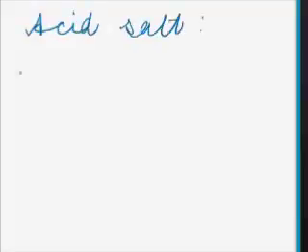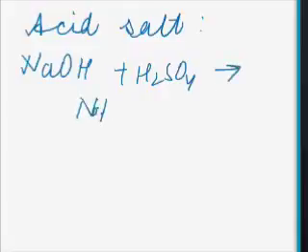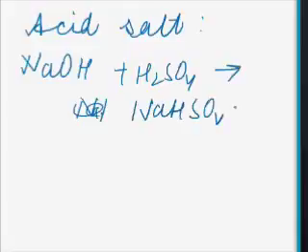First we will discuss acid salt. NaOH reacts with H2SO4 to form NaHSO4 and water.